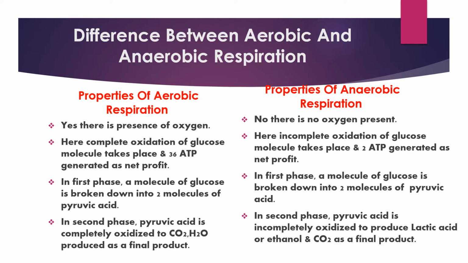In the second phase of aerobic respiration, the pyruvic acid is completely oxidized to produce carbon dioxide and water as the final products. On the other hand, in anaerobic respiration, the pyruvic acid is incompletely oxidized to produce either lactic acid or ethanol and carbon dioxide as final products.